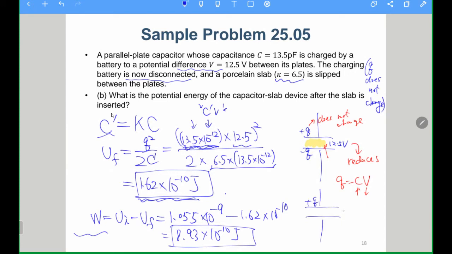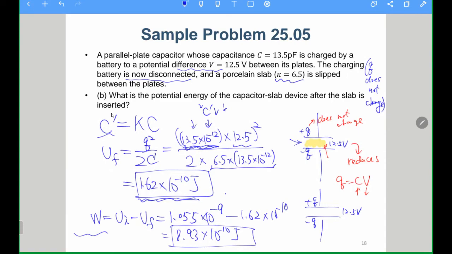This is 12.5 volt, and then we don't have the dielectric. So if we just place the dielectric, the energy stored in the capacitance becomes smaller because some energy is absorbed by the dielectric.